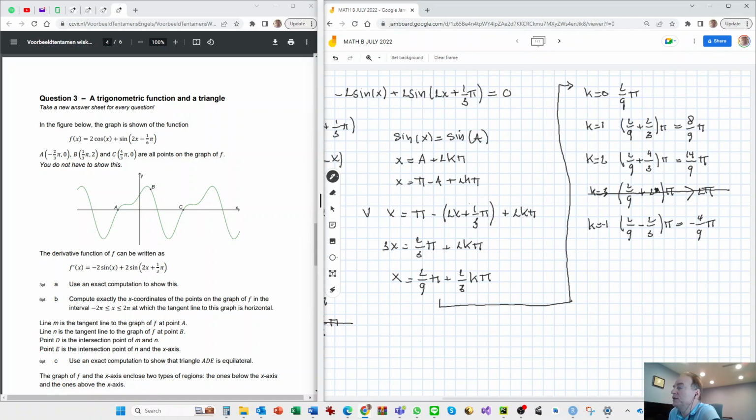That's in the interval. Is negative 2 over 9 minus 4 over 3, minus 12. This is minus 10 over 9 pi.